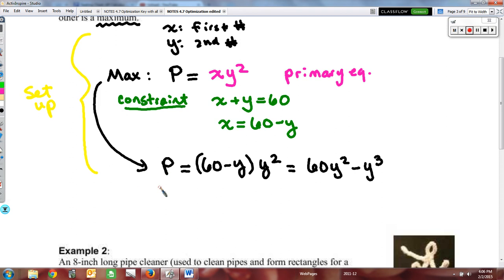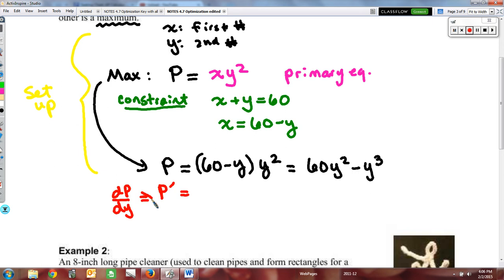We're going to take the derivative of our primary equation. And now this is another big difference between related rates. I am not taking the derivative with respect to time. You are always taking the derivative with respect to whatever input variable you have. So if you're thinking about this, we're doing dp dy. We're taking the derivative of p with respect to y.